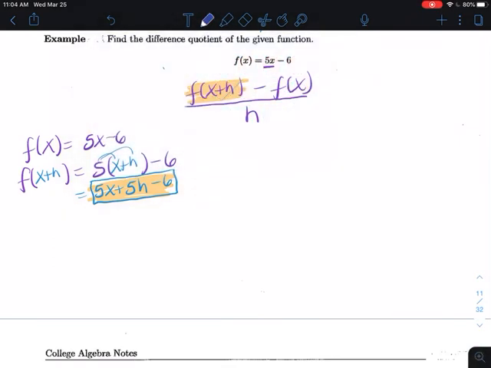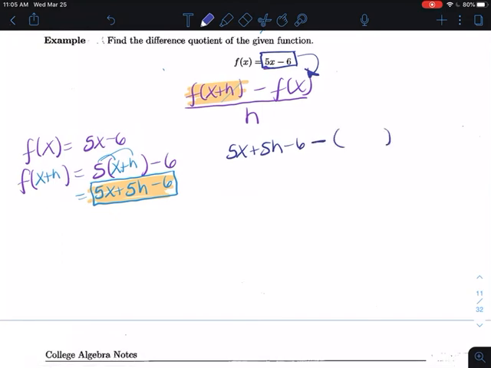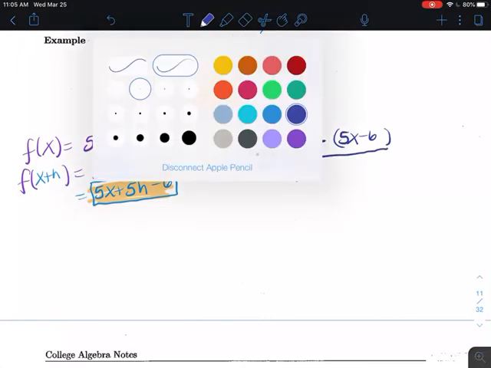And then the f of x is what's given, so you just put that where it says f of x. So it's 5x plus 5h minus 6 minus, make sure you use parentheses, 5x minus 6 all over h.